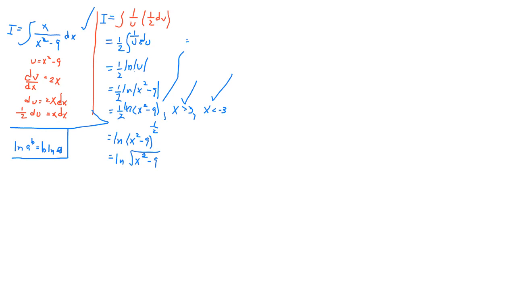Okay. And so your integrating factor was equal to then e, hold on here. Yeah, the integrating factor is e raised to the power log of the square root of x squared minus 9. And then that just equals the square root of x squared minus 9.